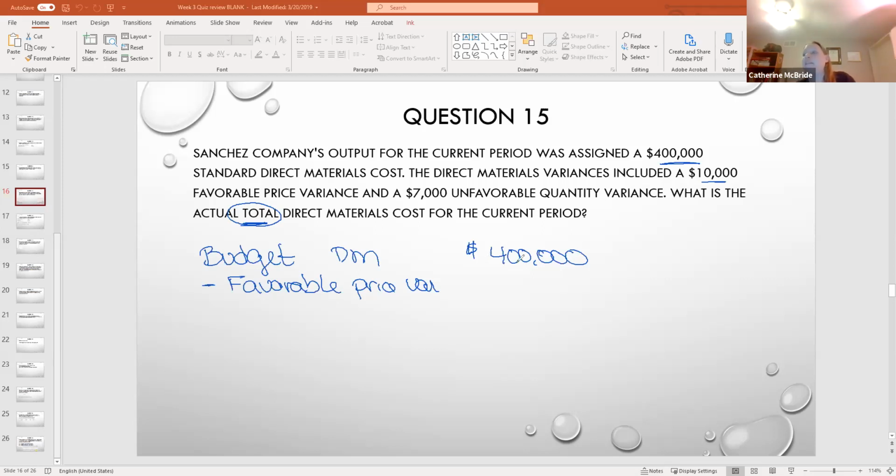So we plan to spend $400,000 total. We have a $10,000 favorable variance, so we actually spent $10,000 less than we planned price-wise. But we have an unfavorable quantity variance.